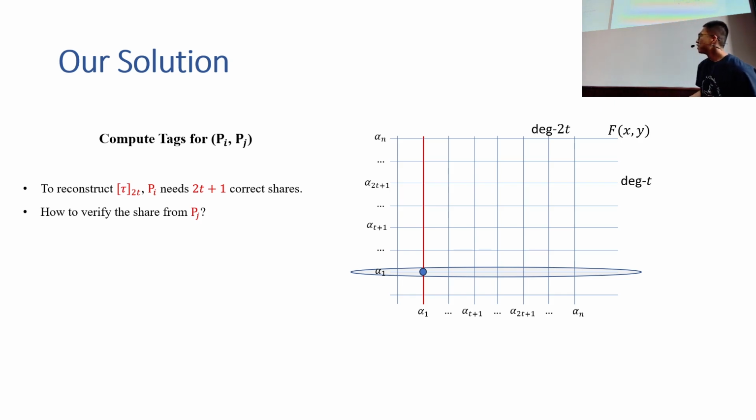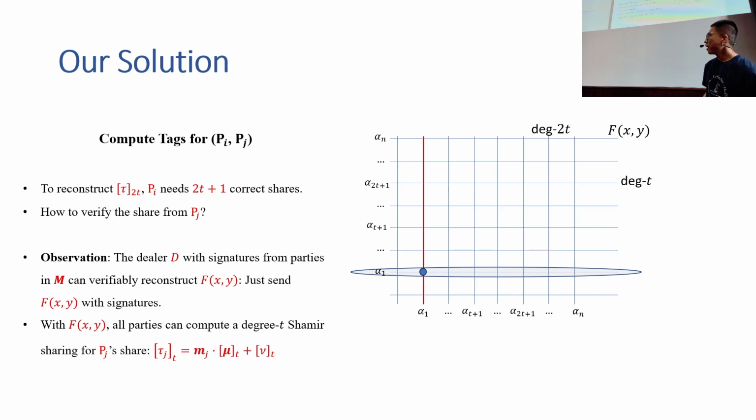The point is that the dealer can actually help all the parties reconstruct the barrier polynomial. Remember that this is a sharing phase, so the dealer needs to be online to make this sharing phase succeed. The dealer can just broadcast polynomial f together with the signatures received from the original 2T plus 1 parties. If all the signatures are correct, then we know that this one is correct.